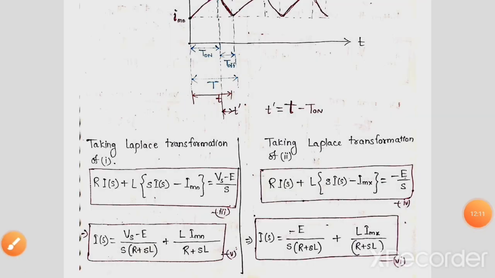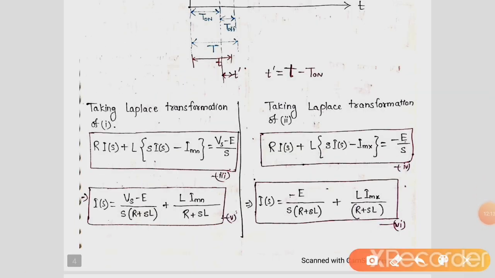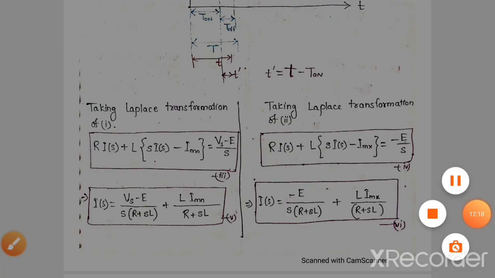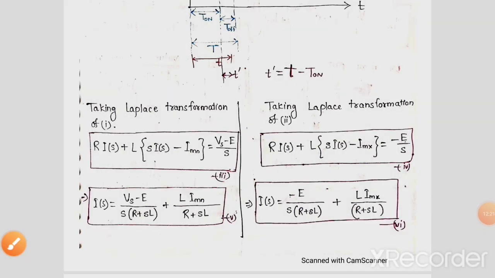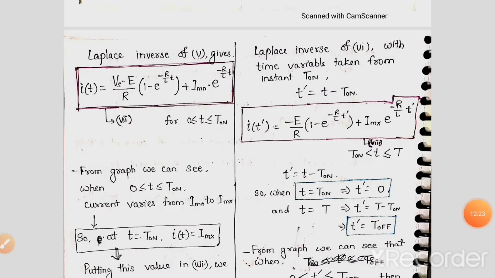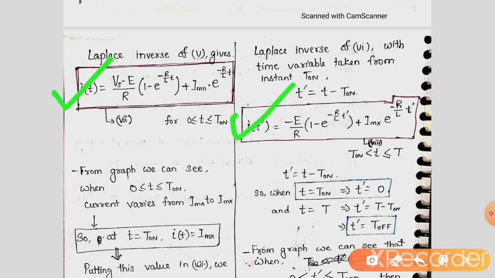So we take the Laplace transform of both first and second equation and we solve it. After solving, we get the expression for current as this, and during the time interval of 0 to t on, we can put the values of maximum and minimum value of current at t equal to t on.